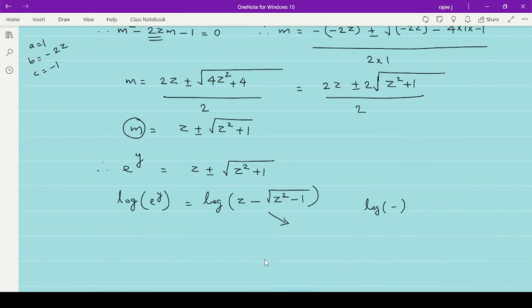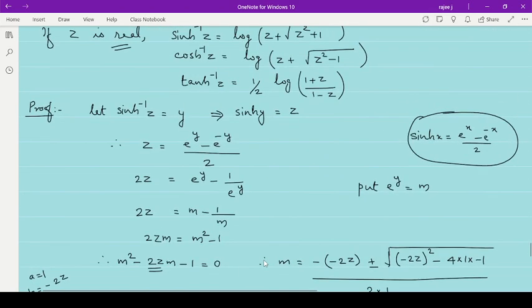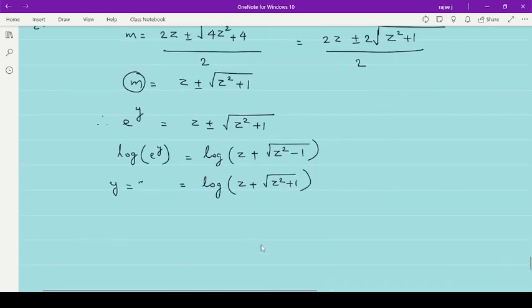So only plus will come. Then log of e raised to y is y into log e, and log e is 1. Therefore y is equal to log of z plus root of z square plus 1. And what is y? y is equal to sinh inverse z.